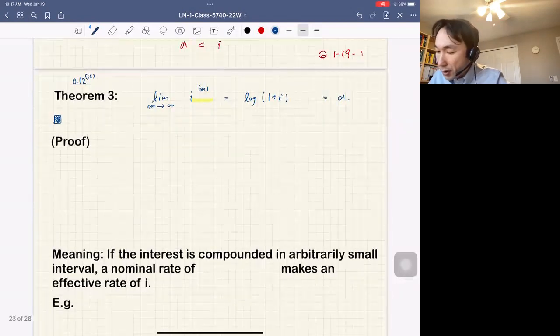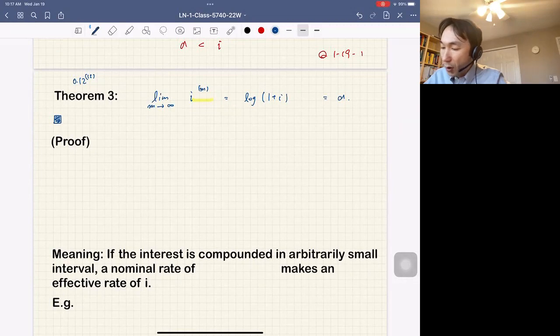Yeah, so the limit as m goes to infinity of i superscript m is log of 1 plus i. Log of 1 plus i is always smaller than i, right? So if it compounds, the nominal rate can be lower to achieve the same result.